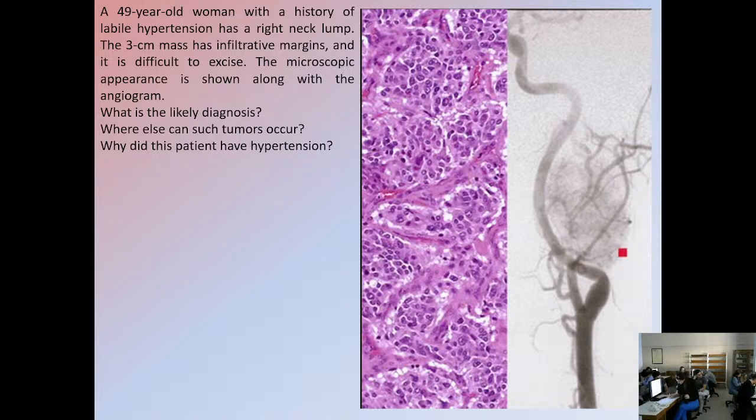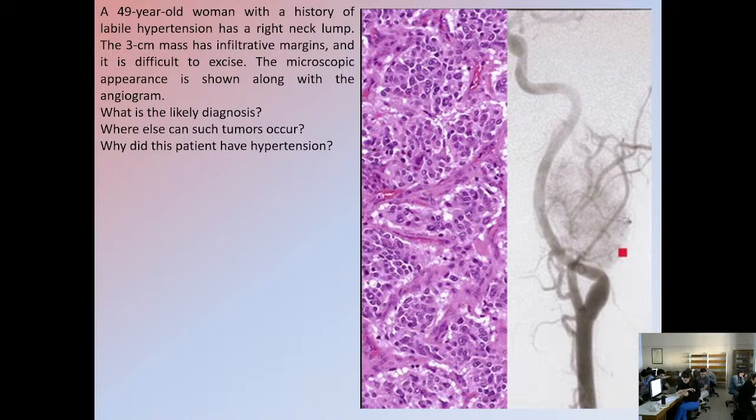However, it does not have epithelial differentiation. So it is not a carcinoid. It is not a neuroendocrine neoplasm, because such neoplasms would be of epithelial differentiation as well as neuroendocrine differentiation. This one is only of neuroendocrine differentiation.